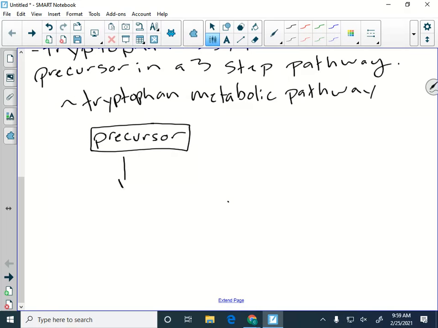That precursor molecule is transformed into an intermediate. And that is catalyzed by enzyme 1.